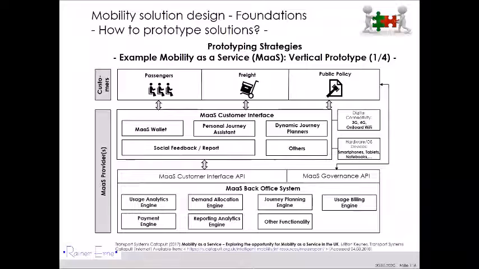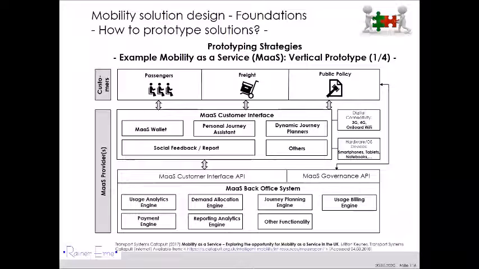And in the back office system, you have a kind of usage analytics engine which enables the MaaS provider to personalize the app. So what are the most chosen destinations, for example? What are the preferred payment methods? They have a demand allocation engine in order to manage and orchestrate all the transport services.